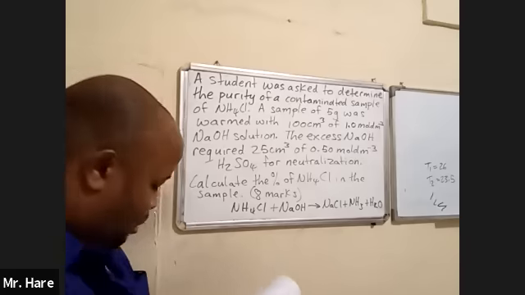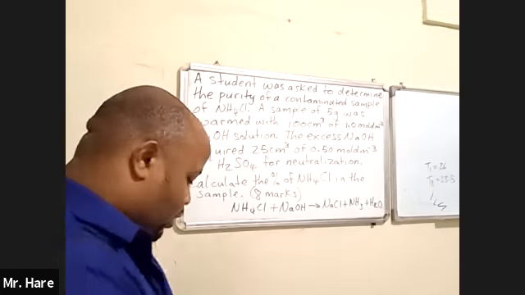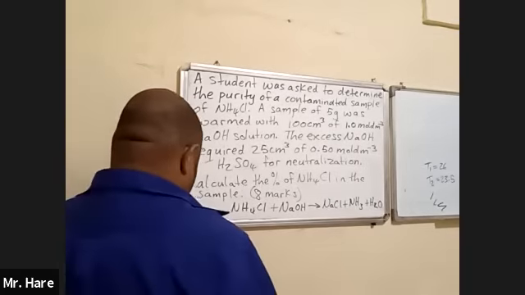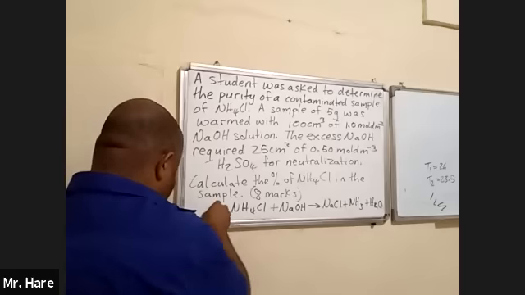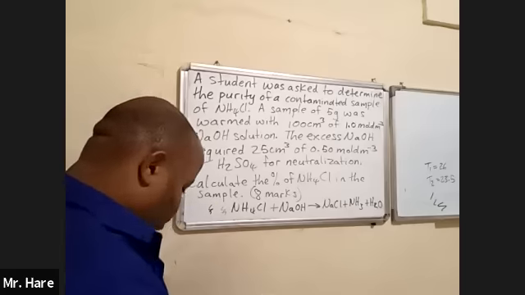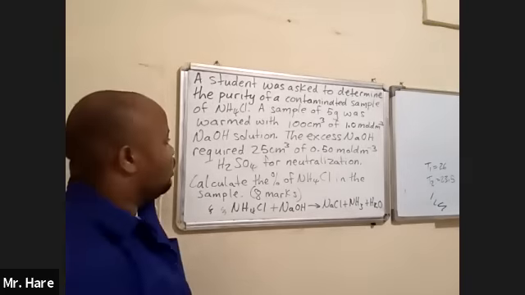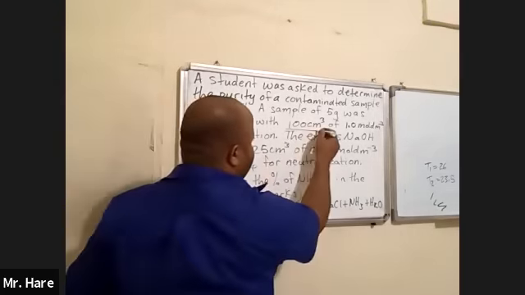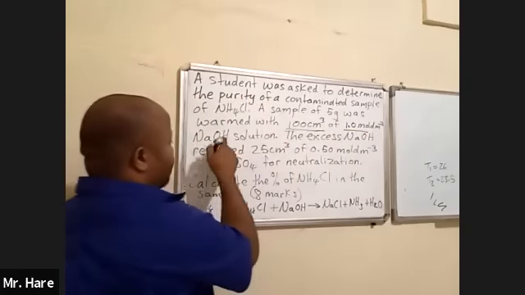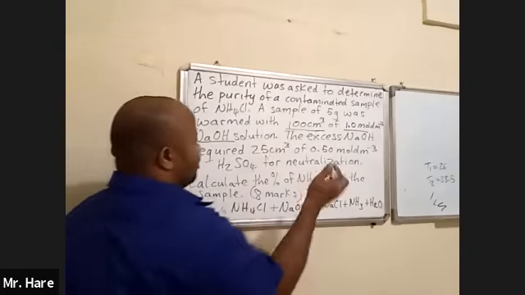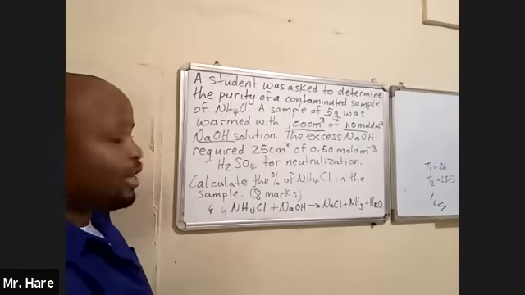So in the question, we got 100 cm³ of 1 mole per dm³ sodium hydroxide reacted with 5 grams of ammonium chloride.